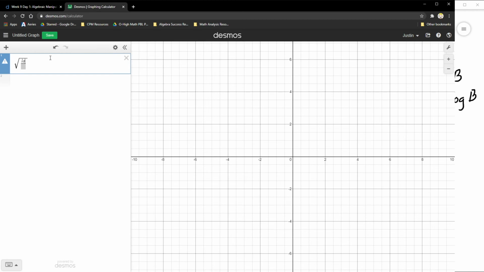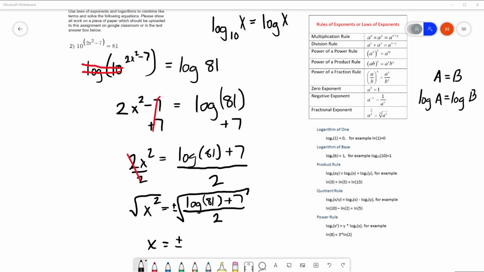It is the log of 81 plus 7 all over 2. And it turns out that that is equal to 2.11. All right. So now I'm going to go back to my whiteboard, and I'm going to say that x is equal to plus or minus 2.11. And that's it. That's the solution there.